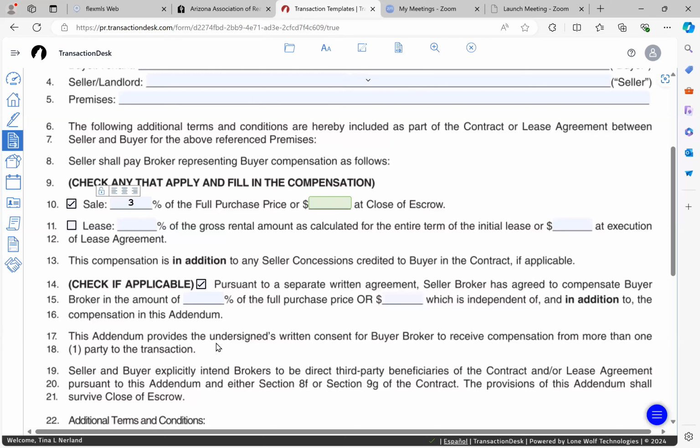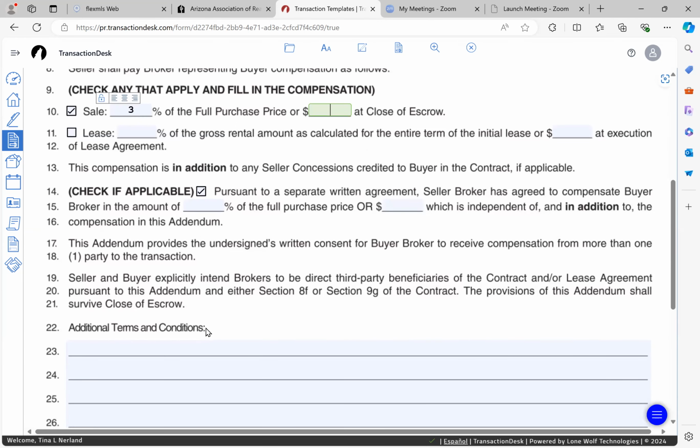If your buyer broker agreement states 3%, that line 17 and 18 is stating that even though you're getting compensation from the seller, you can still get compensation from the buyer per the buyer broker agreement, because it was 3% where the seller's only paying you 2.5%. So now you're getting commission from two people. Does that make sense? Okay, perfect.